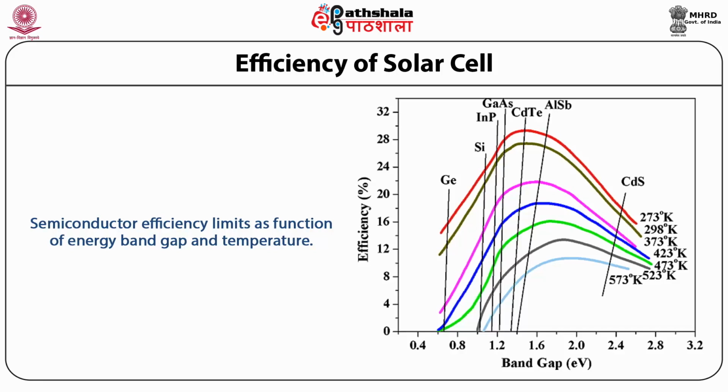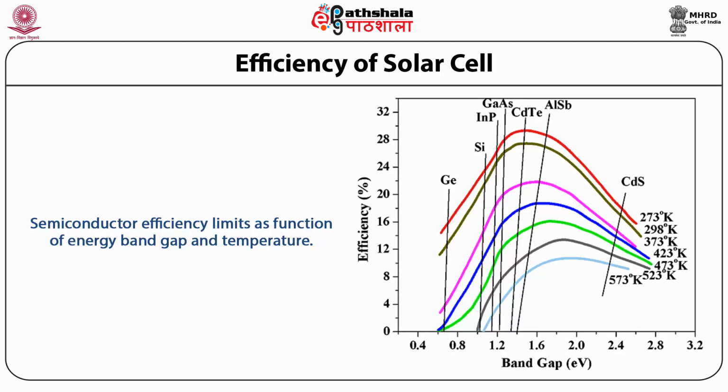It can be observed that the maximum efficiency is a strong function of temperature, and the optimum band gap shifts upwards with increase in temperature. At room temperature, the peak efficiency is observed for band gaps ranging from 1.4 to 1.6 electron volt, that is 26 to 29%.